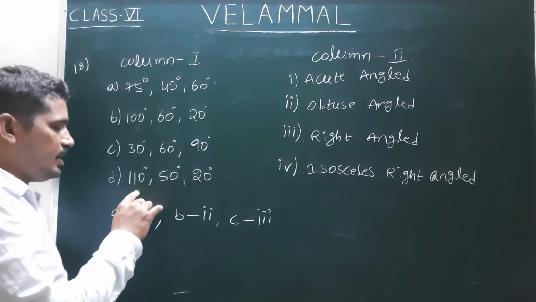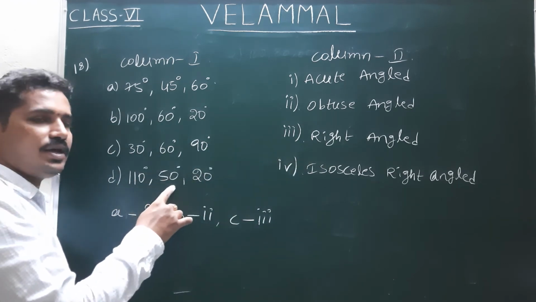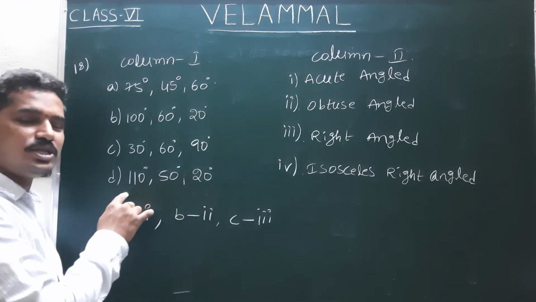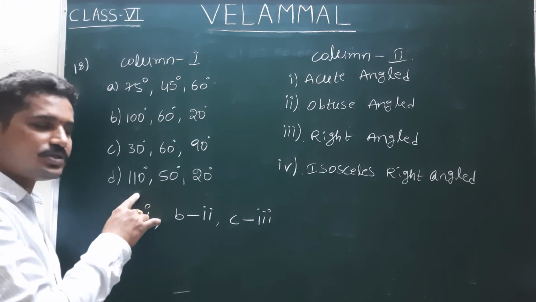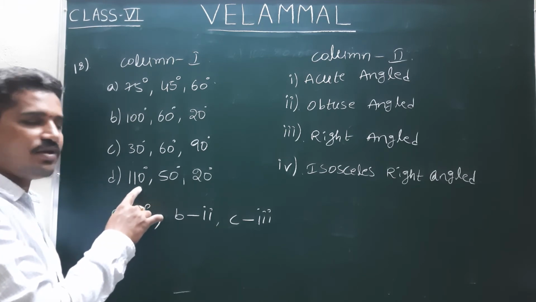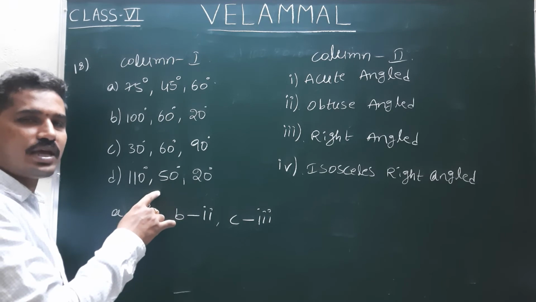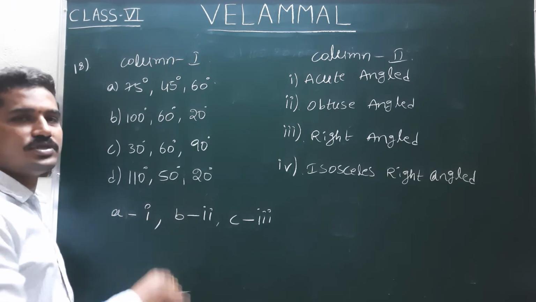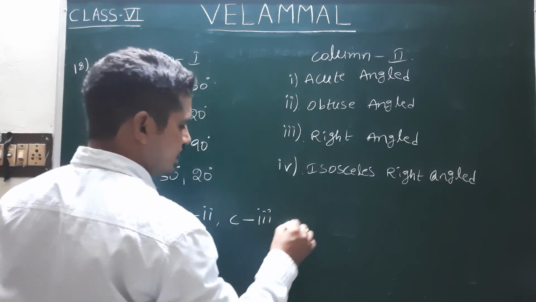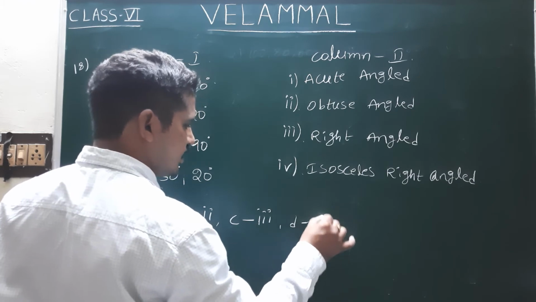Next D, 110 degrees, 50 degrees and 20 degrees. 110 is more than 90, so it is an obtuse angle. And we know that in a triangle there is one obtuse angle. The triangle is called an obtuse angle triangle. So we can take D as the second option.